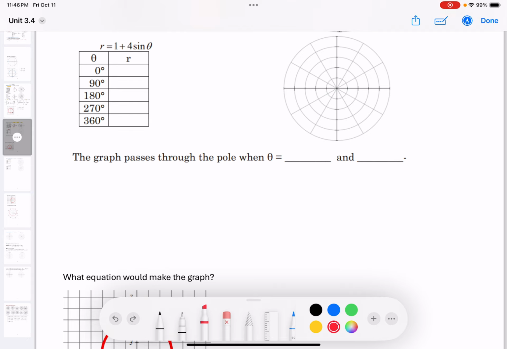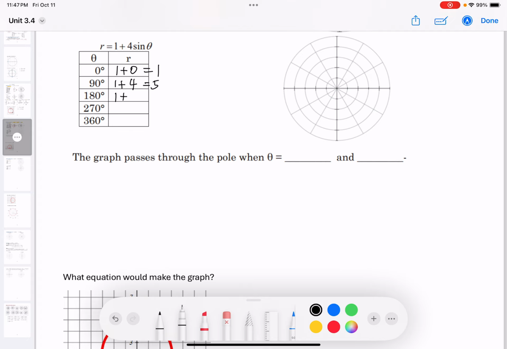Okay, so let's plot the points. Find the points. So theta is 0 degrees: 1 plus 4 times 0 is 0, so we have 1. And 90 degrees: 1 plus 4 times sine 90 degrees, which is 1, so 4 times 1, it is 5. Next key point is 180 degrees. What is sine 180 degrees?